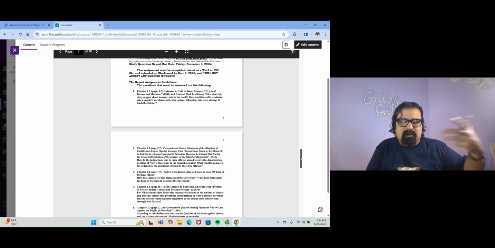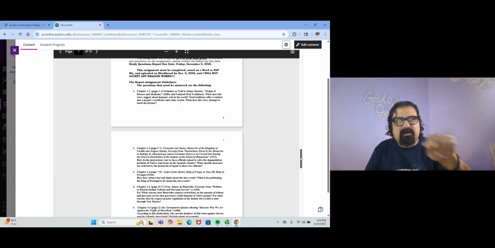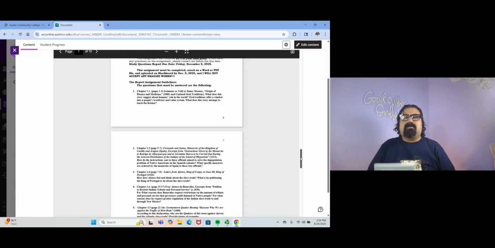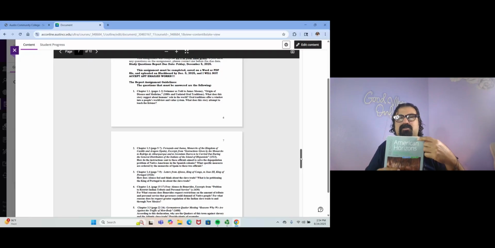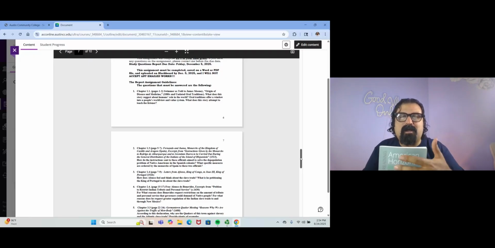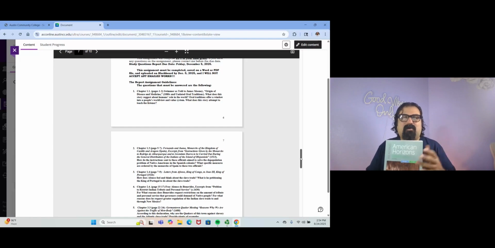The exams are similar. You state the question and then the answer very fully, and then the other one by one, and so on. So here you write the title of the document on the very top of the page, like Swimmer as told to James Mooney, for example. Okay, Origins of Disease and Medicine. Okay, at the very top.